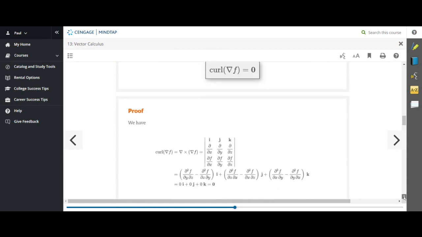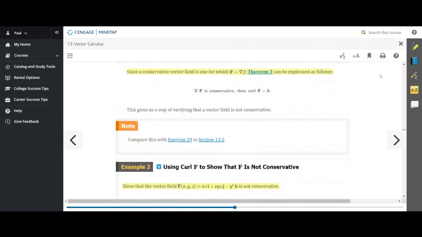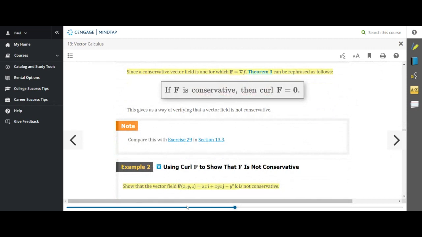If you have a conservative vector field, that means the gradient of some potential function f equals the vector field, then the vector field F is conservative, and so the curl of that vector field is equal to the zero vector. Let me say it the way I want to say it here.